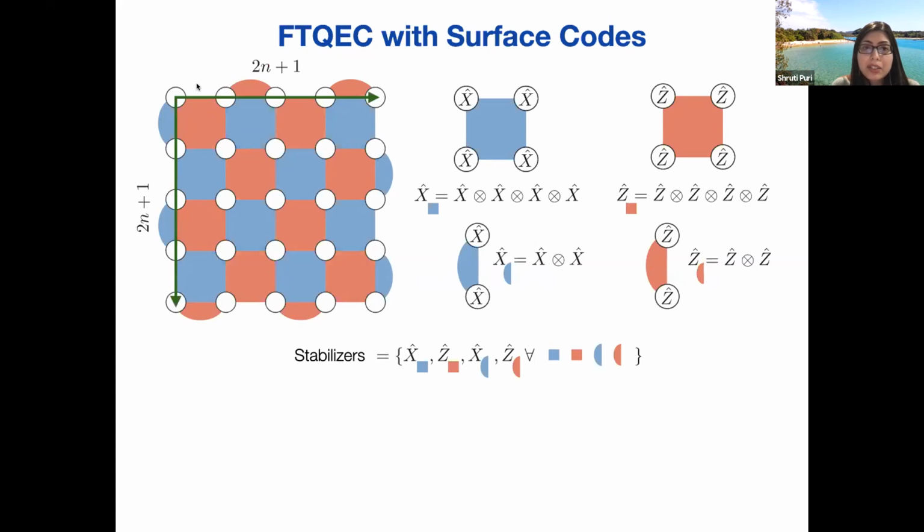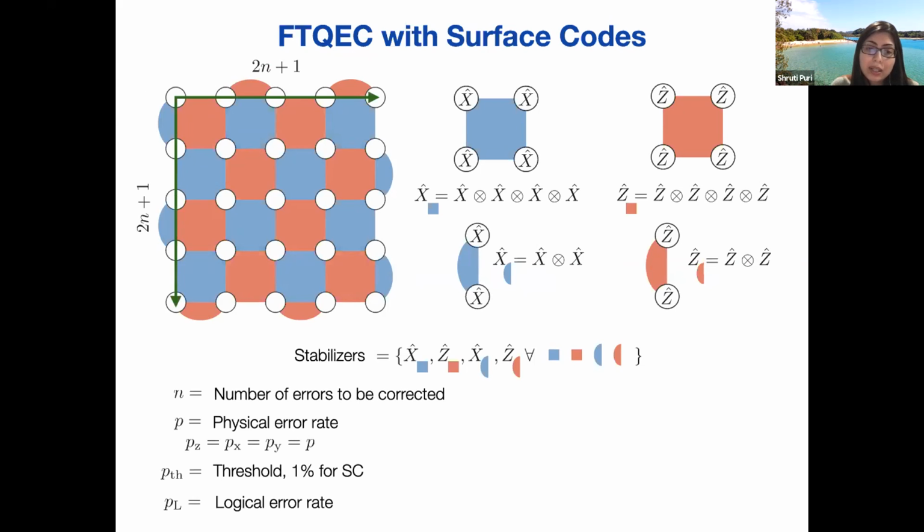Now, the size of the lattice for the surface code depends on how many errors you would like to correct. So if the number of errors you want to correct is n, and if the physical error rate, or the error rate per gate operation or per time step, is p, and if you assume a depolarizing noise model, then the probability of a logical error, or the failure rate of this logical qubit, depends on p and p threshold by this formula, and n is basically related to the size of the lattice.